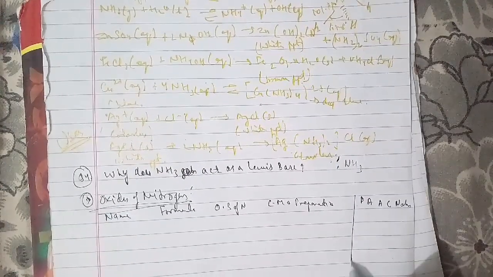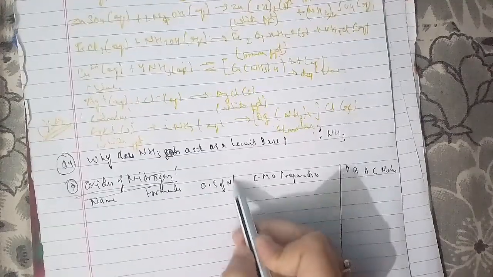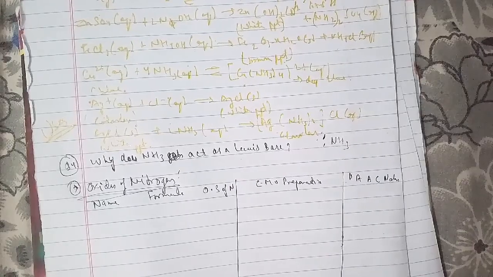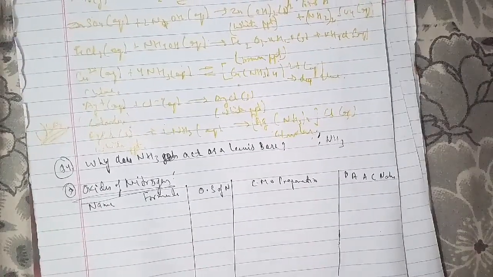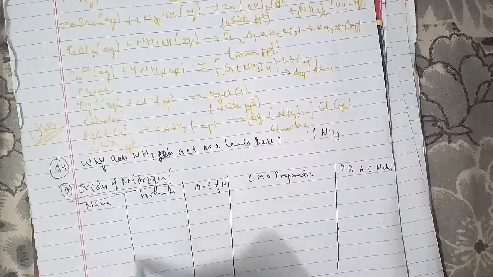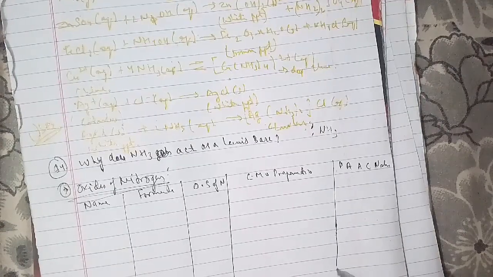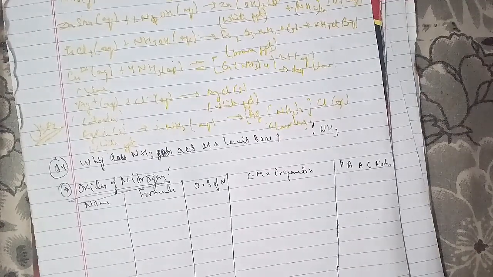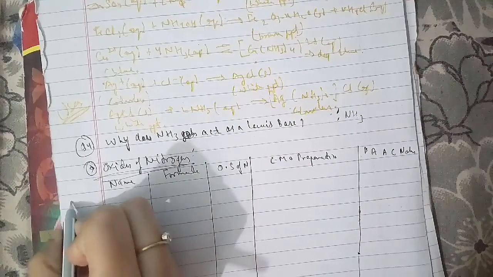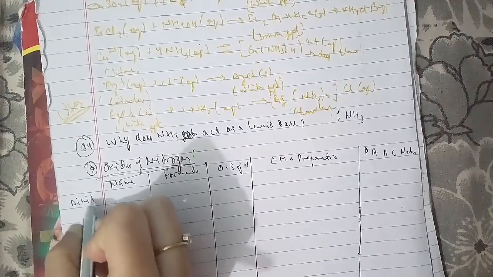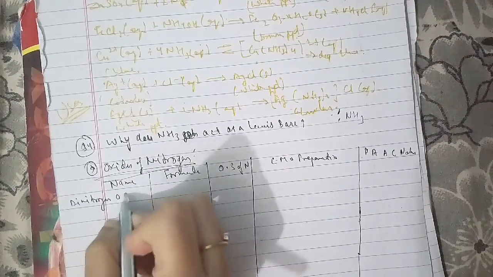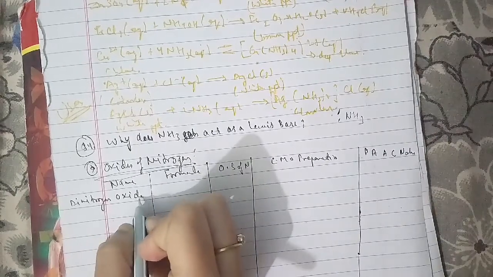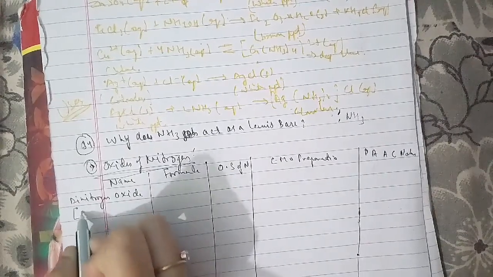The preparation is 2NaNO2 plus 2FeSO4 plus 3H2SO4, which gives Fe2(SO4)3 plus 2NaHSO4 plus 2H2O plus 2NO. This is a colorless gas and neutral.